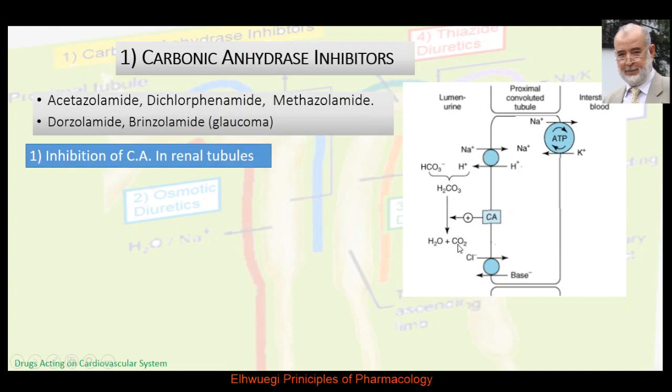Of course, water and carbon dioxide diffuse passively into the epithelial cells of the proximal convoluted tubule.